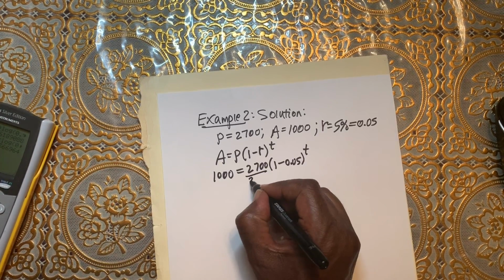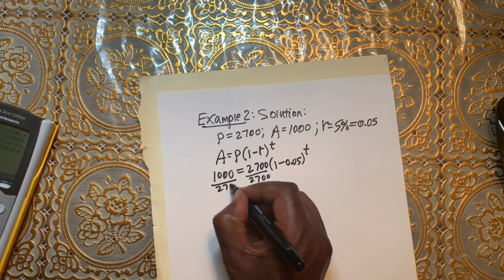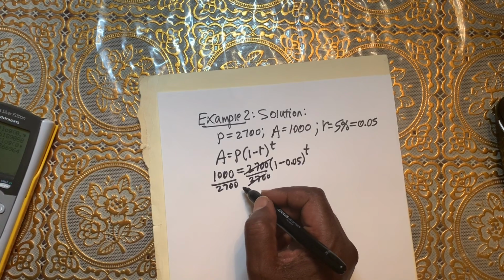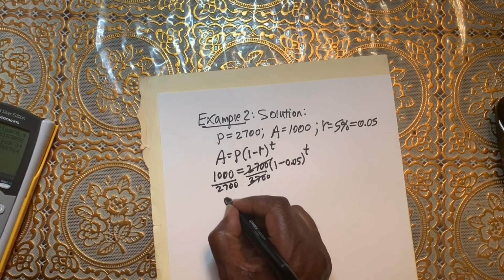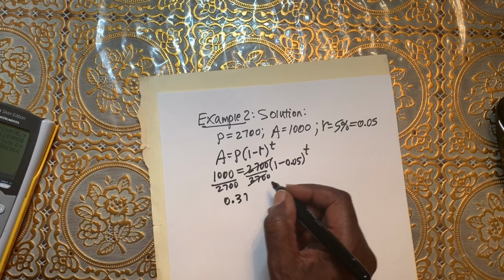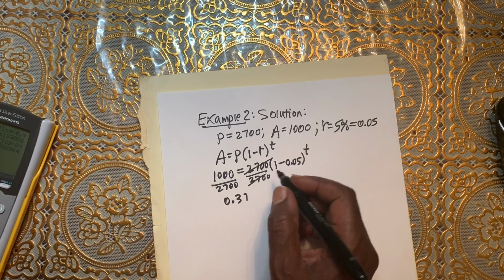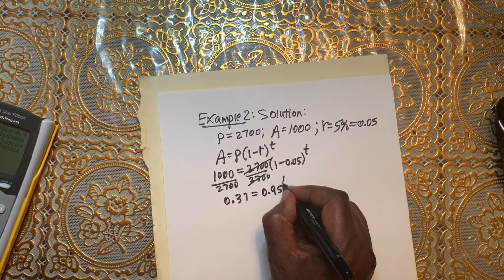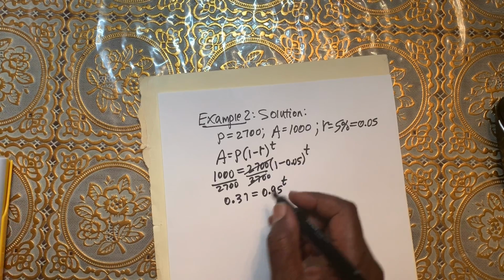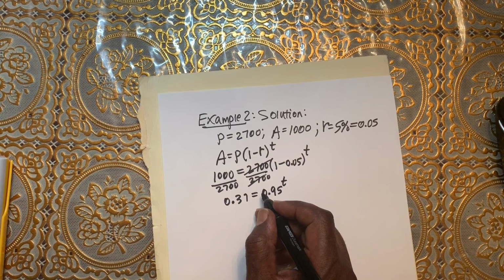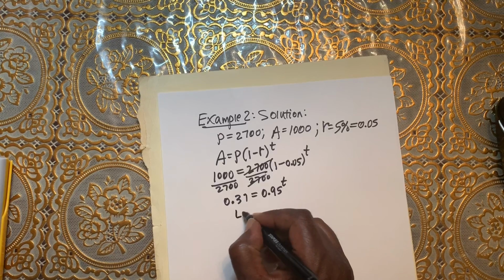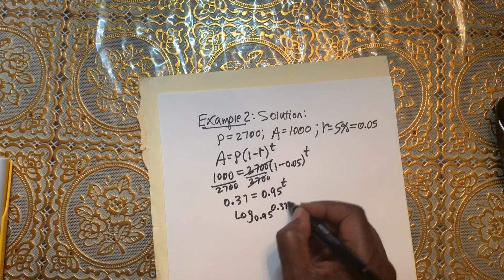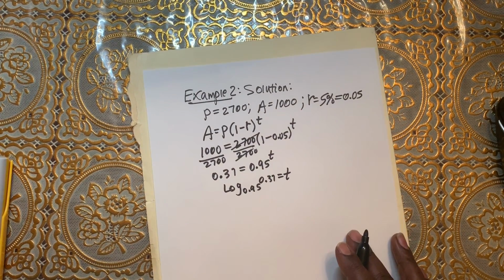So we are dividing both sides by 2,700. When I divide 1,000 by 2,700 in the calculator, it is approximately 0.37. Then this equals 0.95 to the power of T. So I'm changing this to logarithm: log base 0.95 of 0.37 equals T. This gives me the time.